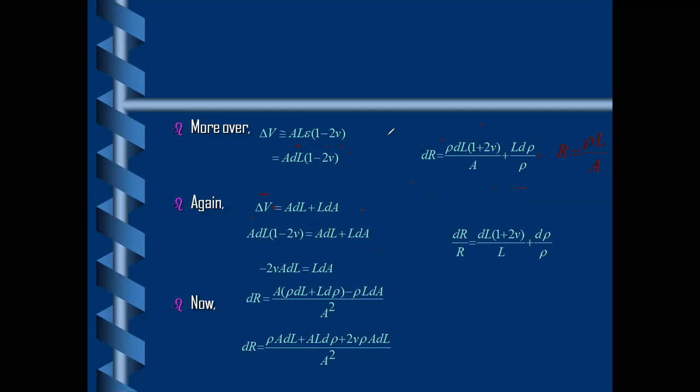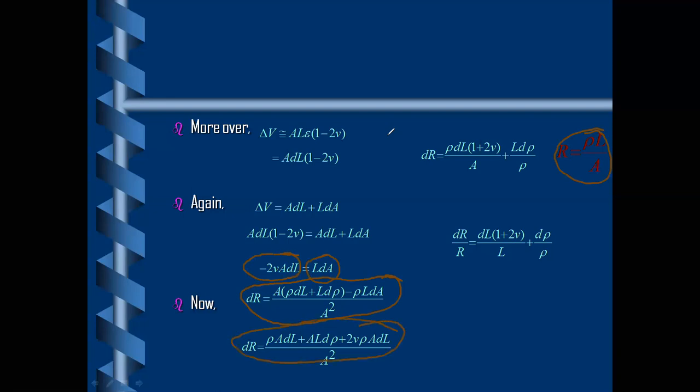Now over here, this dR is equal to the previous equation we have considered, and that we brought at the first instant after taking the derivative of R equals rho L by A. This is represented over here, and we have tried to replace those values in this terminology. If you try to recall this value, you are going to get this resultant output.